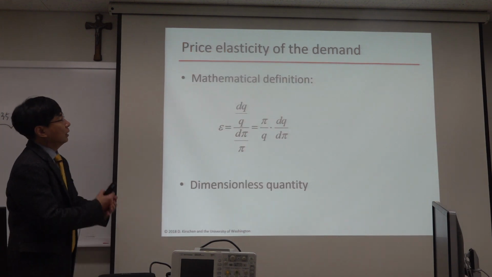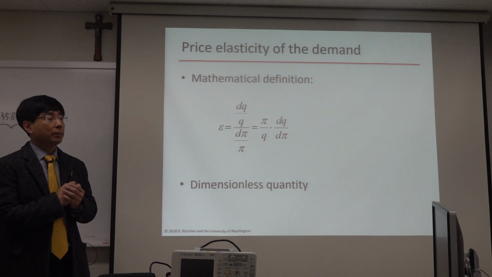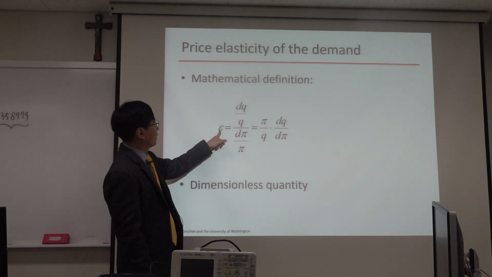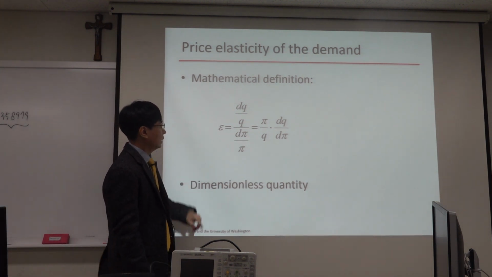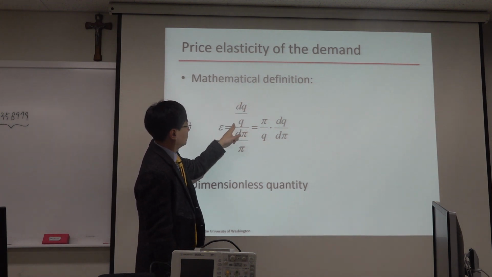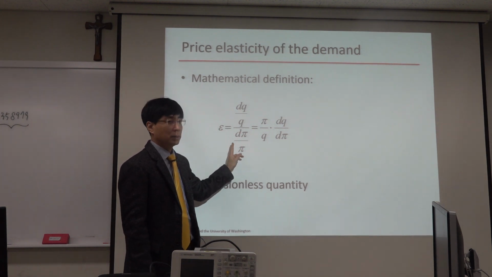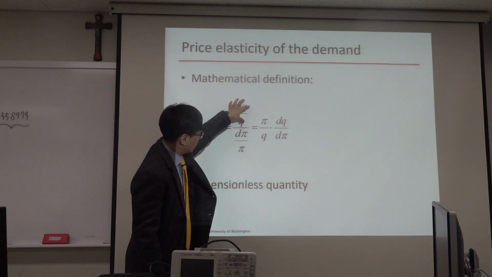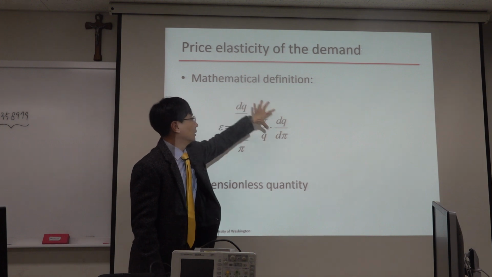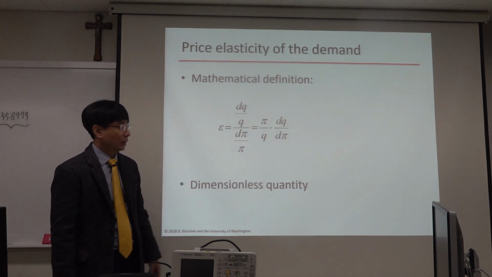So we can define the price elasticity of the demand using this form. So E is the elasticity. This is the ratio of the change of the demand quantity over the change of the price. This is also a ratio, this is also a ratio, and that's why this is a dimensionless quantity.